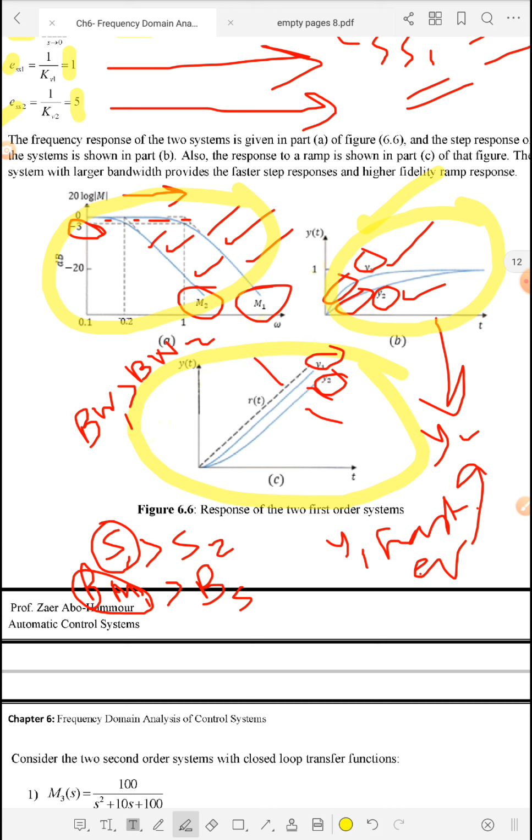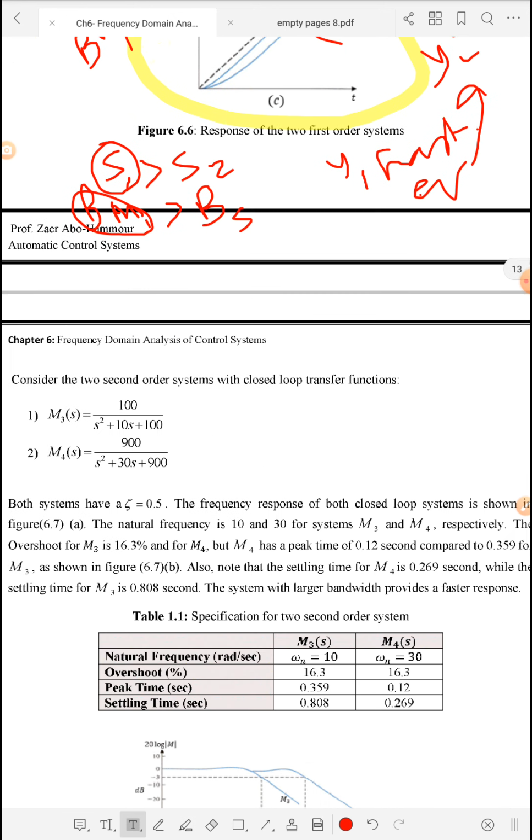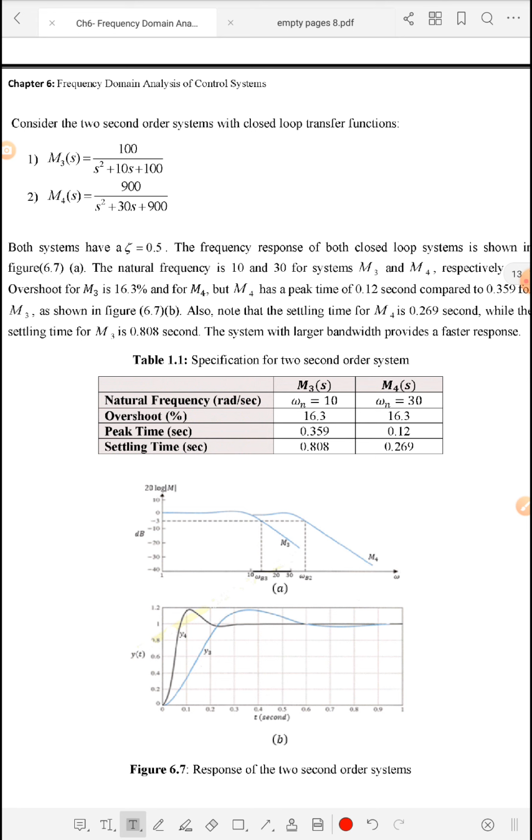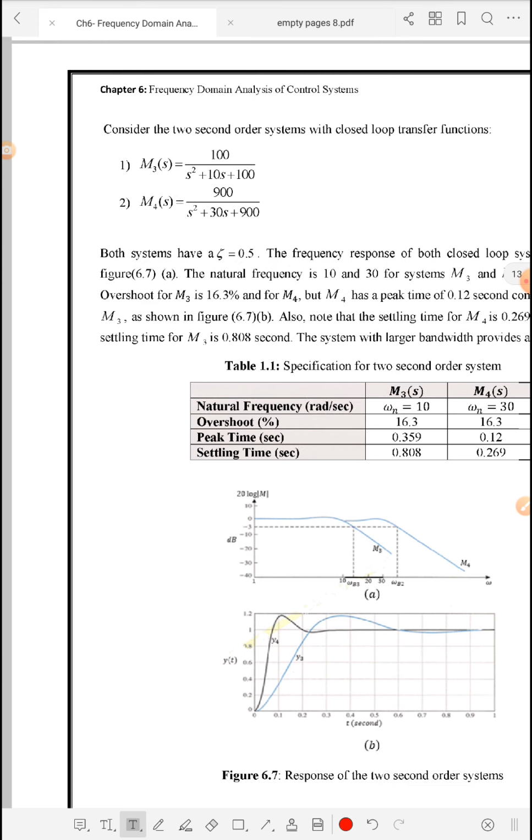And finally we have correlated the relationship: the larger the bandwidth, the faster the response. So Y1 has larger bandwidth and faster response, while system 2 has smaller bandwidth and a slower speed. So this is regarding the first system that we have selected, the two first order systems. Now, here we will continue and we will take two second order systems.